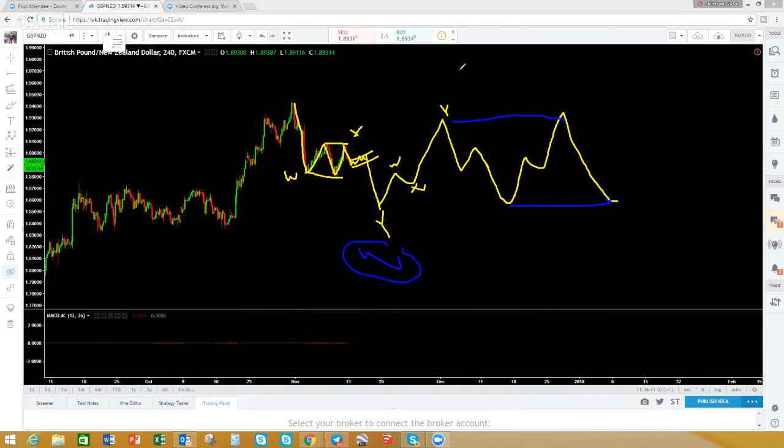See? X, 1, 2, 3, 1, 2, 3, Y. And that will just be a 1, 2, 3. See, it moves in waves. You know it's supposed to go down, but because the market is not going anywhere here, it's just going flat corrections.